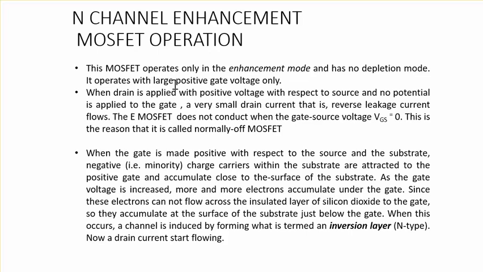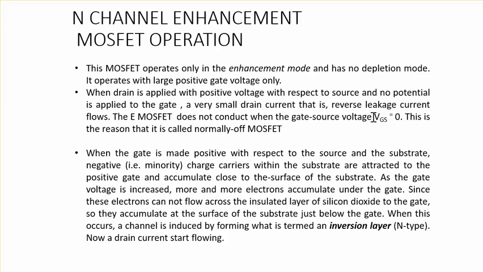So when a large positive voltage is applied at the gate terminal, and the drain is applied positive with respect to the source, at this time we have a very small reverse saturation current flowing, because the FET is said to be under reverse bias.